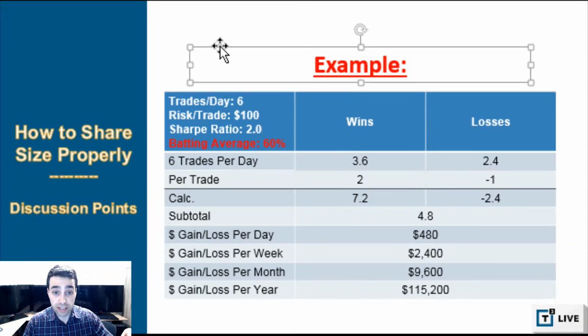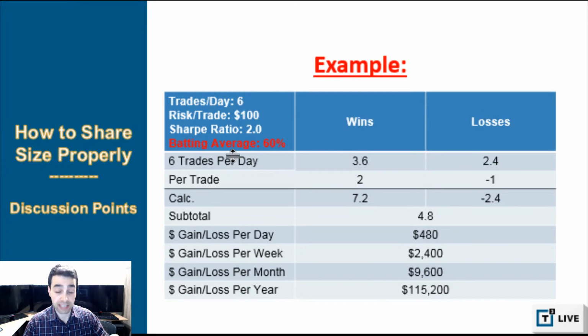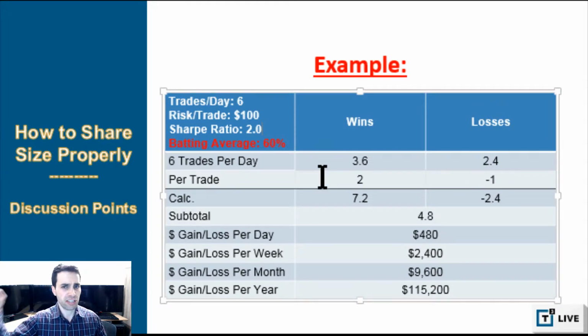The art and the science of this is to find a balance, to have a batting average and a Sharpe ratio that, we would like them to be as high as possible, but you don't want it to be at the expense of something else. Does that make sense, everybody? So you want to find a balance so that you're not compromising by insisting on having a really high Sharpe ratio.